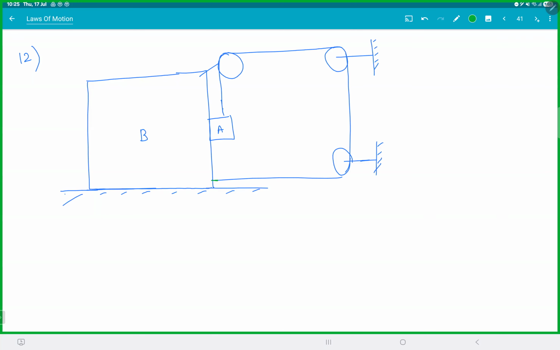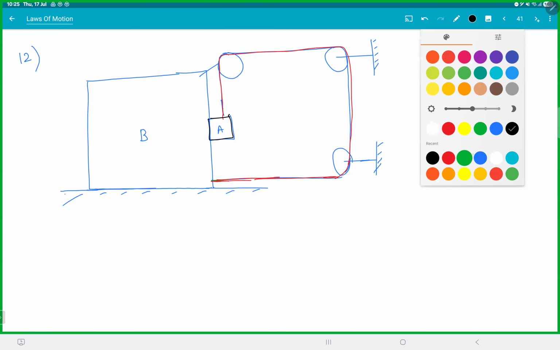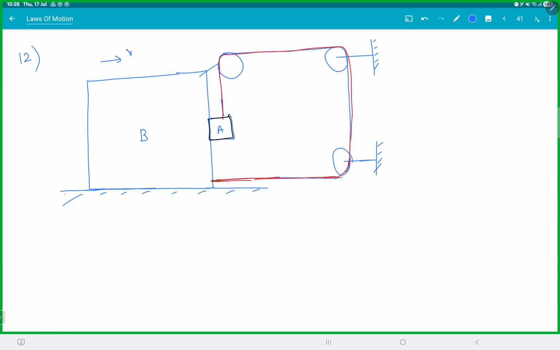The string here is connected at the bottom. So this string is going like this. It goes over two pulleys. Then it comes back and is attached to the block. So this block A is sliding on this big block. Let's say block B is going with speed U. Find the velocity of B, find the velocity of A, and find the acceleration of A. Let's see how we will do this.